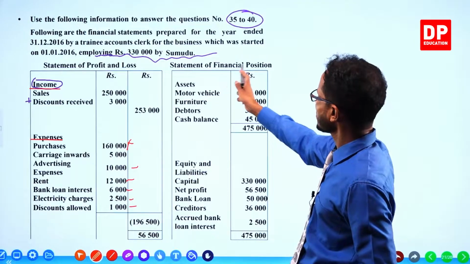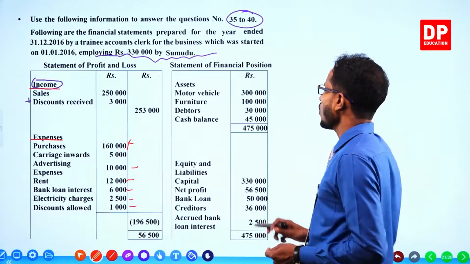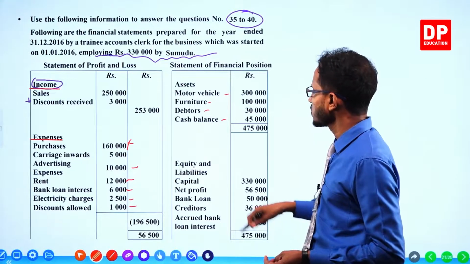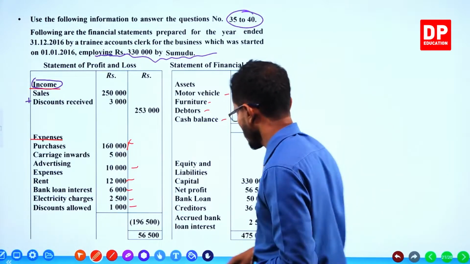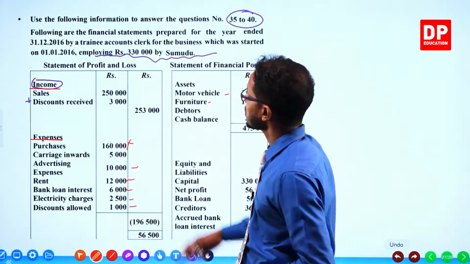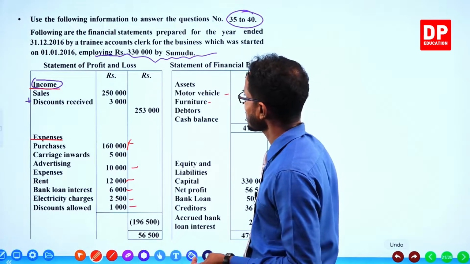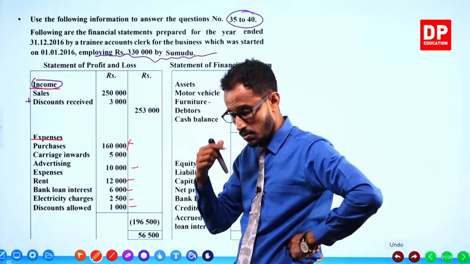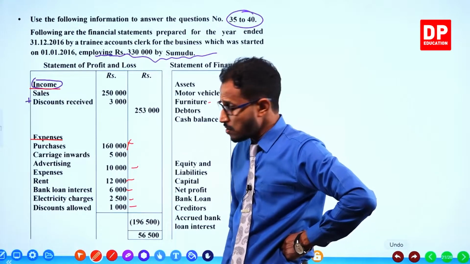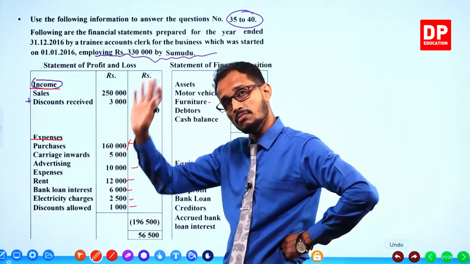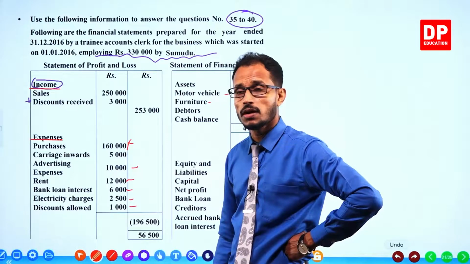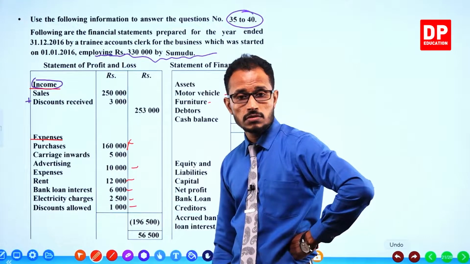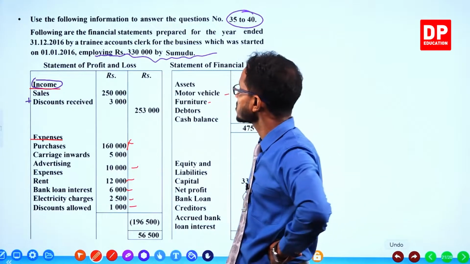On the other side, statement of financial position, assets: all the assets in one list, non-current assets and current assets, all in one list. Oh my God, this clerk must have been a bus conductor or a pole salesman or someone before she came to Sumudu's business.